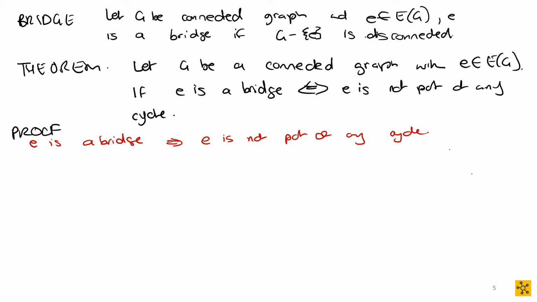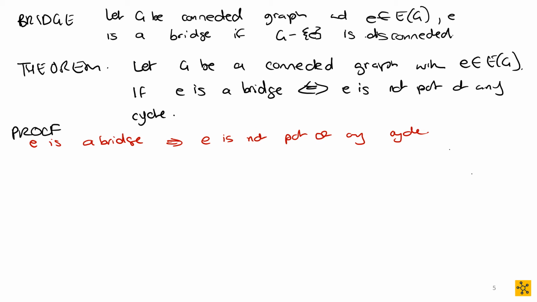We're required to prove that E is not part of any cycle if E is a bridge. We're going to prove this one directly, and the next one we're going to prove indirectly. Remember, when you prove it directly, you take anything from A and you lead it to showing that B is true. So we start off with E is a bridge.